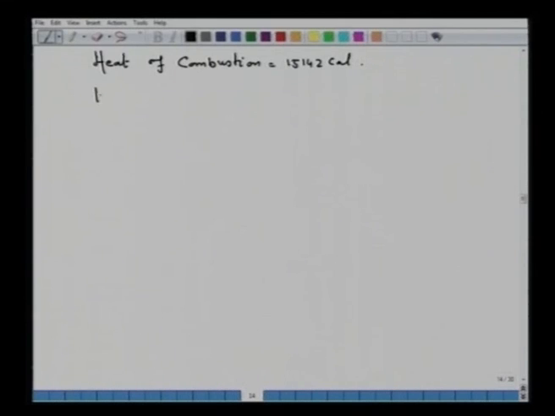So, heat input that will be equal to 17632 calorie. So, this will be raised in raising the products of combustion from 25 to Tf.